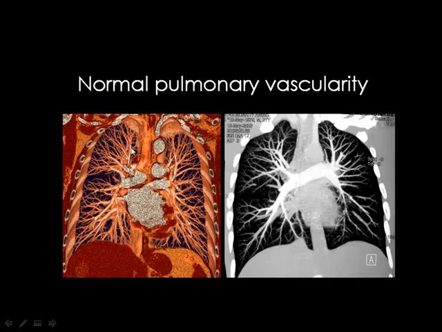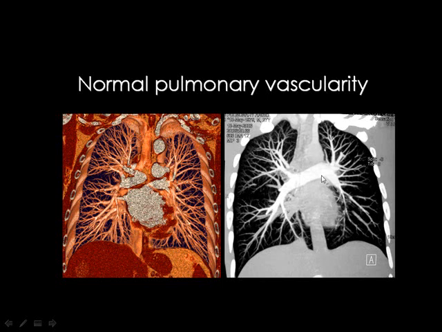Then can you imagine that these are CT images, and you inject contrast material intravenously, and you tell the machine, I would like to see the pulmonary artery. Then the machine scans the chest whenever the contrast material reaches the pulmonary artery, and you reconstruct the image in the coronal plane.